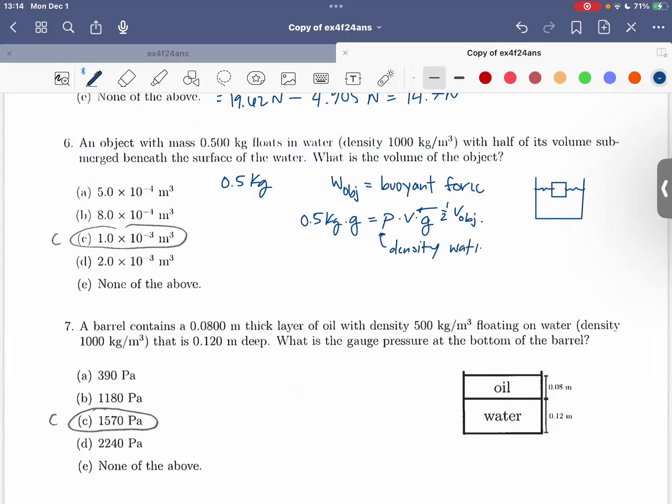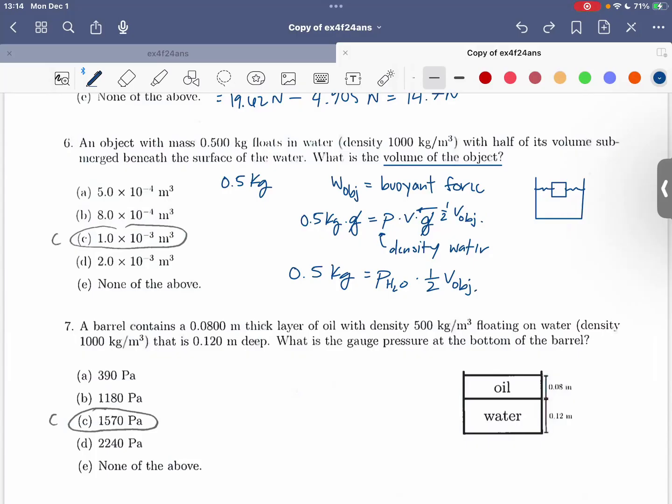Our gravities are going to cancel out. That leaves us with 0.5 kg is equal to density H2O times 1/2 volume object. You can see that what we're solving for, the volume of the object, appears right here in this equation, which is why it's useful to replace it like that.